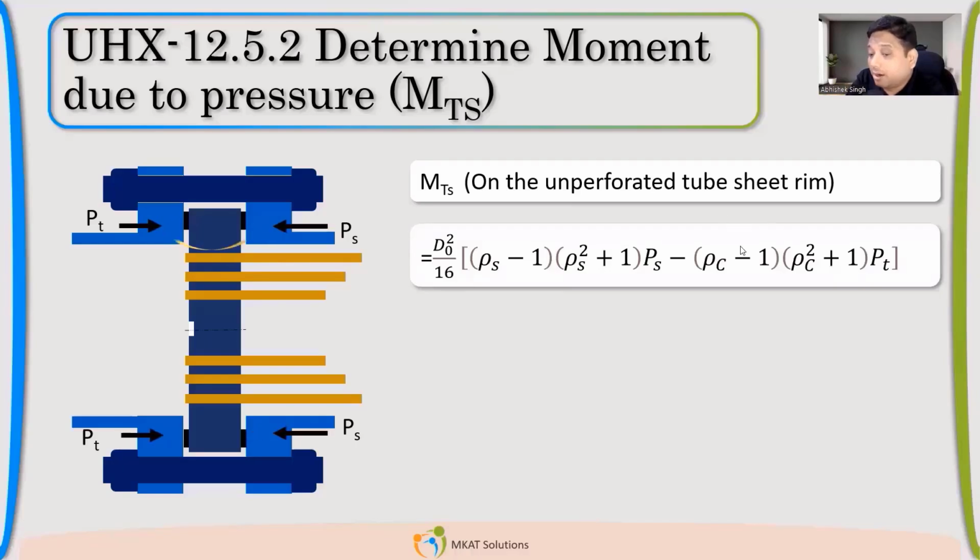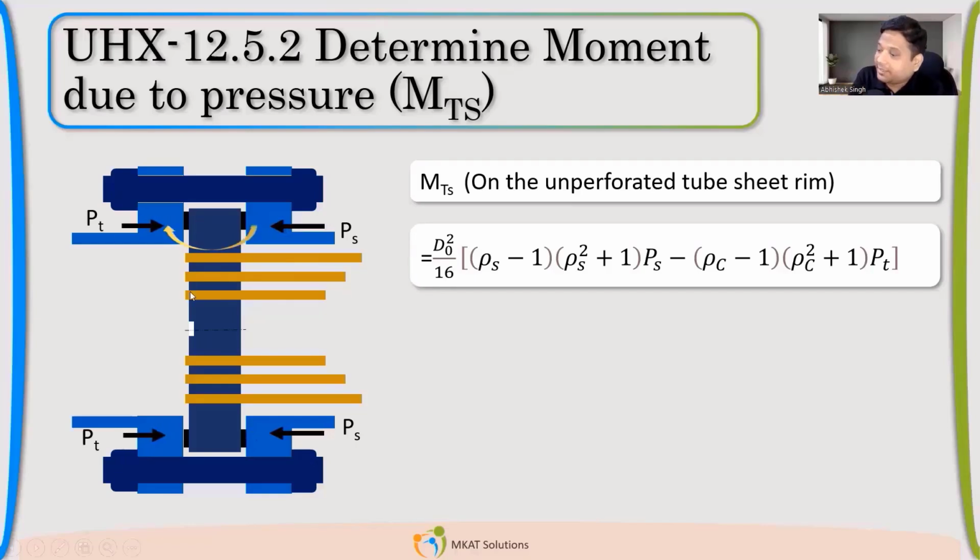If you see, basically rho S, the shell side ratio, and rho C, the channel side, is the difference of that. If the pressure is the same on both sides, and also this ratio is the same, the reaction is coming exactly like what we have shown, at the same point, then this MTS will not exist. And we can relate that, right? If the pressure is the same, and if this linear dimension is a little bit different, then a slight moment will be there.